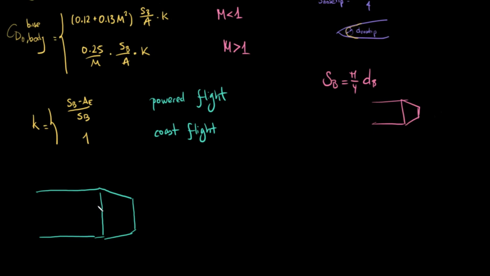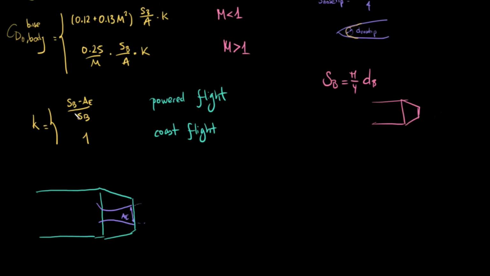It might go something like this. Not very divergent, but the nozzle is firing. This is AE, the exit area of the nozzle.